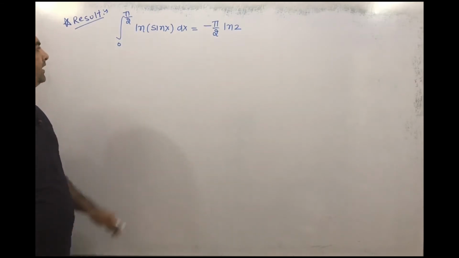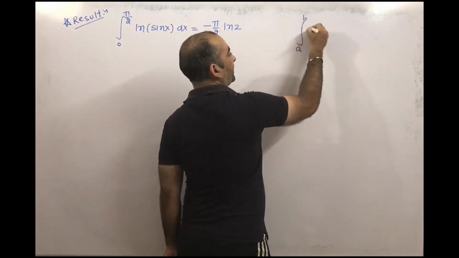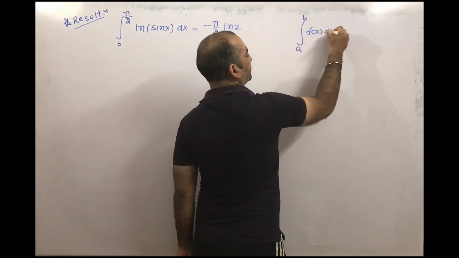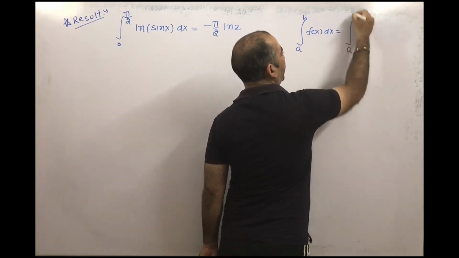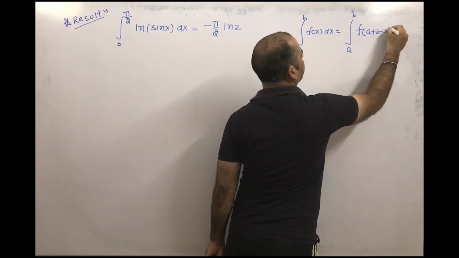If you use a property here, what property can we use? Integration of a to b f(x) dx is equal to integration of a to b f(a plus b minus x) dx.